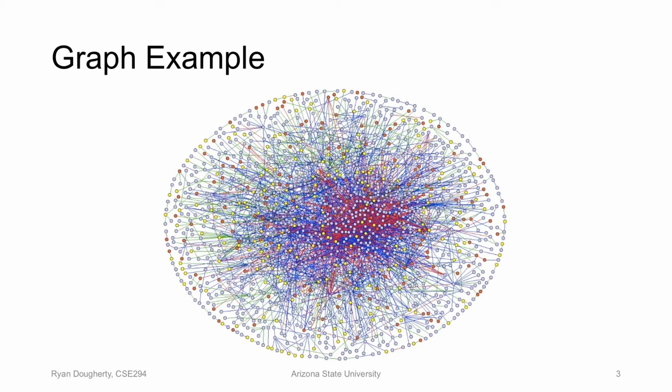We may have a very large component in the center, where all the vertices are connected to each other. But sometimes we have smaller ones, like these little two vertex components out here, where the two vertices only have one edge between them. So we should consider that sometimes, but sometimes we don't.